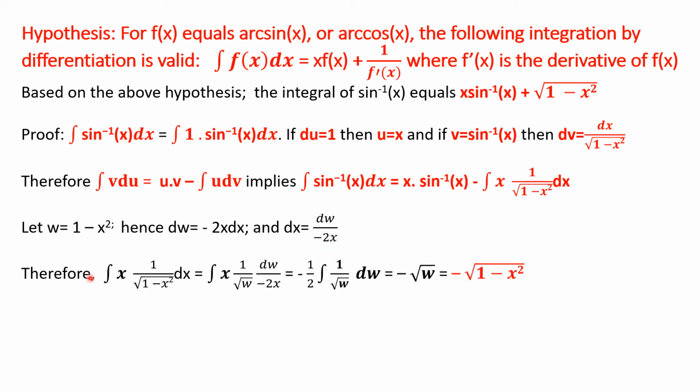Therefore, integration of x multiplied by 1 divided by square root of 1 minus x squared dx is going to be equal to, we leave the x as it is, and we replace 1 minus x squared by w, which gives us x multiplied by 1 divided by square root of w. And dx, we found to be equal to dw divided by negative 2x. So it's right here, dw divided by negative 2x.